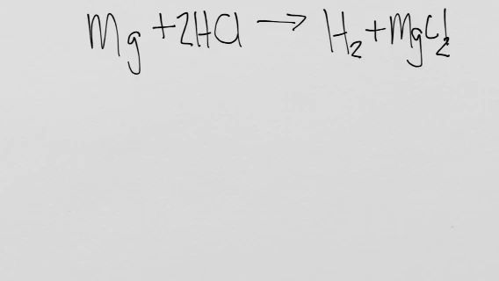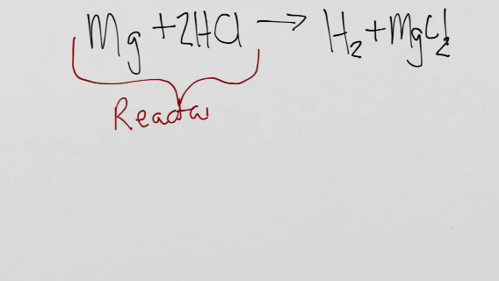Anything on the left side of this arrow is called your reactants, because they will be mixed together to cause a chemical reaction.